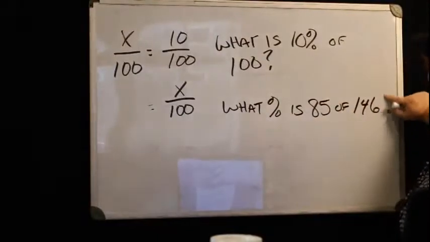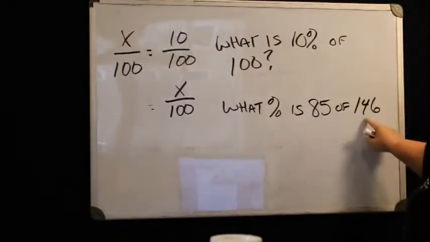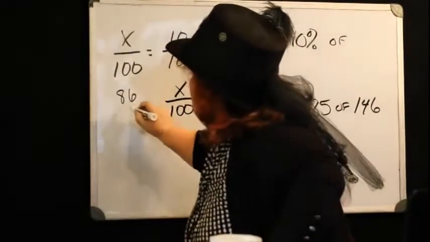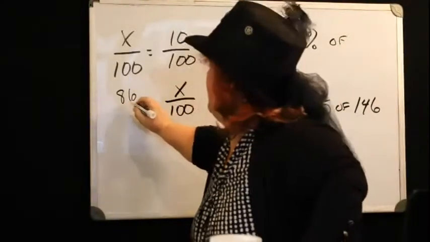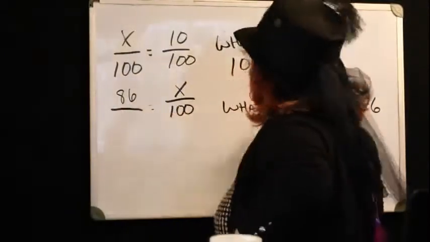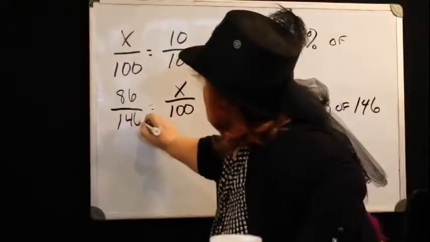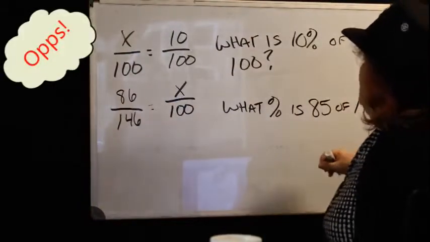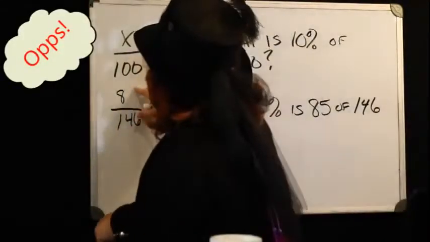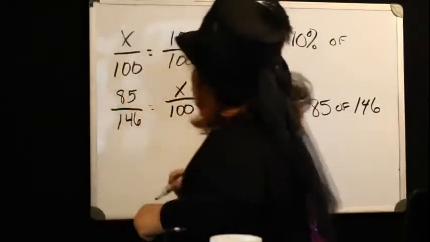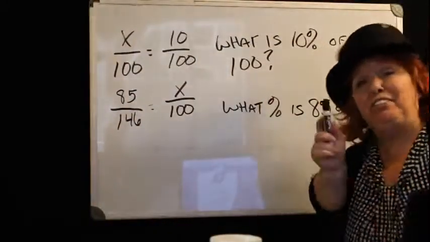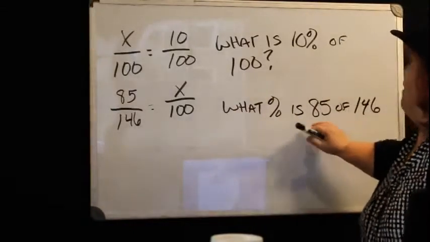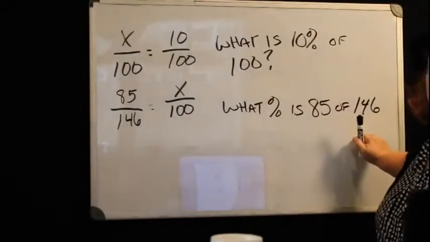And this is the whole. So the part is always the numerator. The denominator is the whole, 146. Is that 85 or 86 at the top? Oops. My bad. You were testing me, huh? I was seeing if you were paying attention. So that's the formula if you want to know what percent a part is of the whole. Okay?